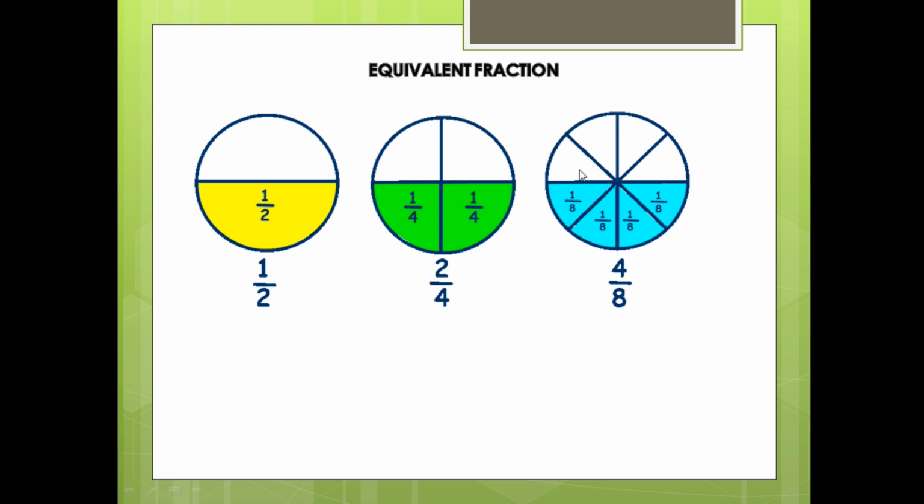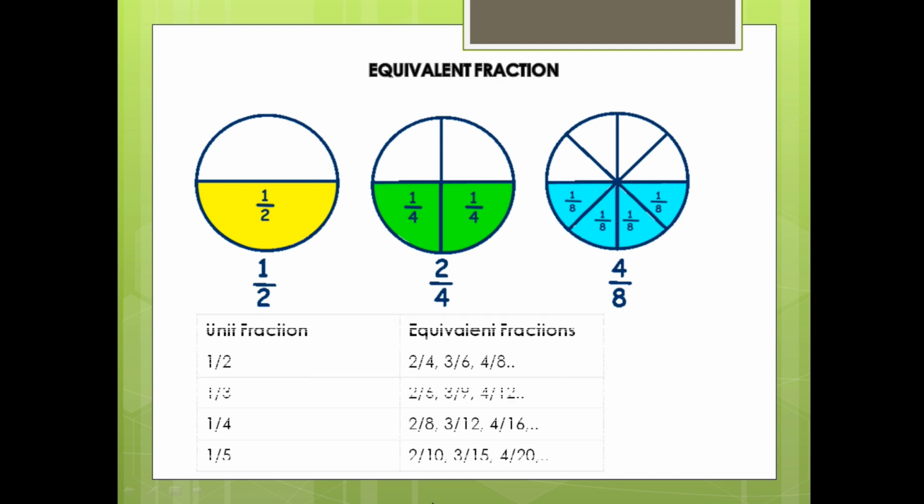Now similarly 1/8 part, if I divide, then it is known as half only because the blue part is exactly half of the white part. So if the unit fraction is 1 by 2, its equivalent fractions can be written as 2 by 4, 3 by 6, 4 by 8. Similarly for 1 by 3, 1 by 4 and 1 by 5 also.